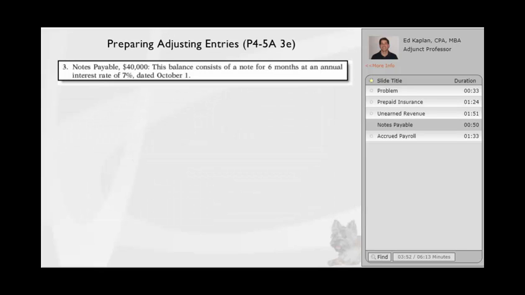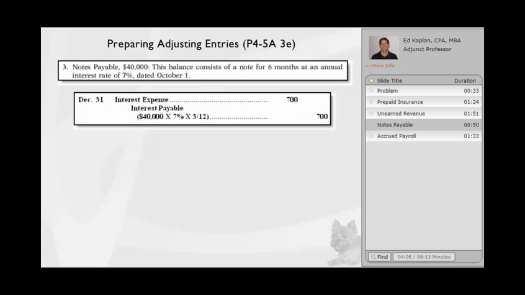The company also has $40,000 of notes payable written on its balance sheet. And this balance consists of a note for 6 months at an annual interest rate of 7% dated October 1st. Okay, now you see the adjusting entry we need to prepare related to the notes payable. We need to record the interest expense that we incurred on the note, even though we haven't paid the amount.